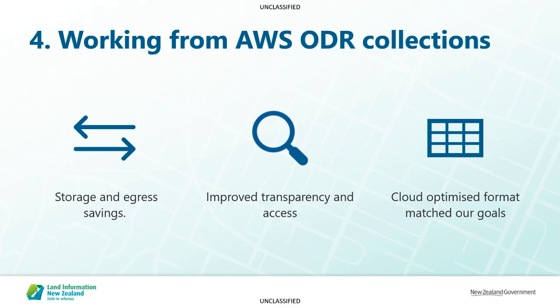Now it's its own thing in its own right, and it improves access to data, and it also aligns very well with our views and goals around formats. To store data in AWS under these sorts of agreements, you need to be using cloud-optimized formats.